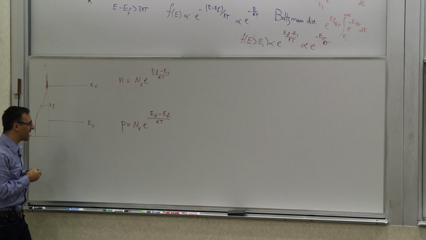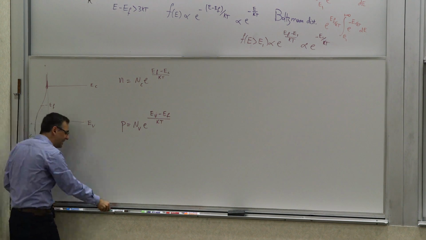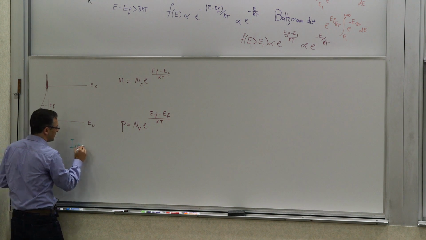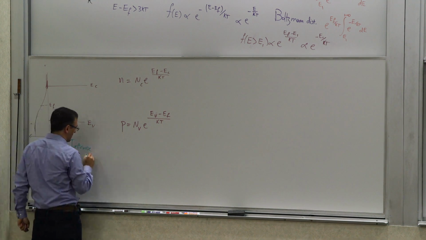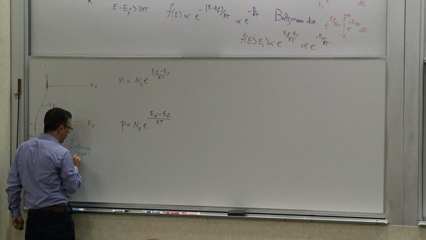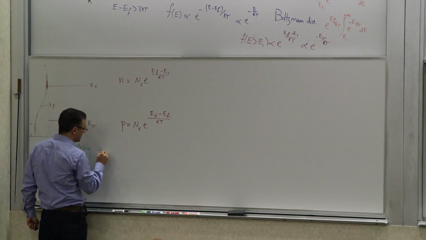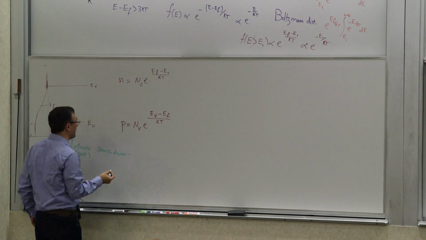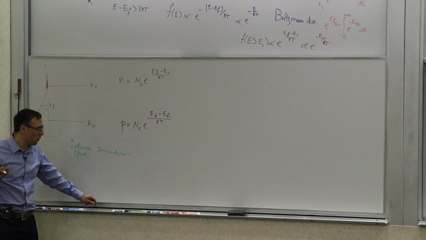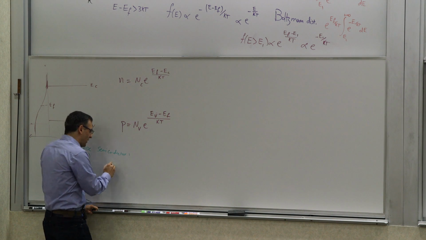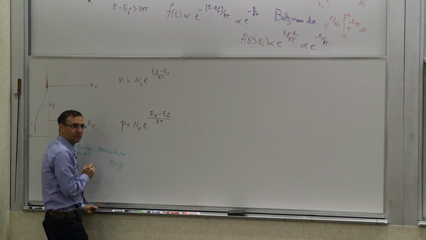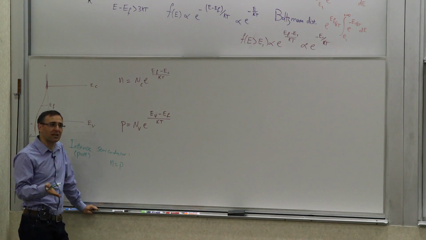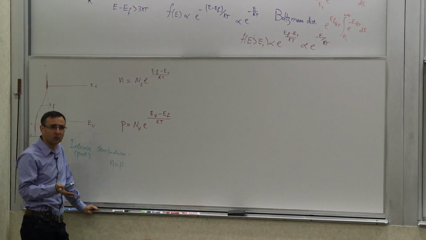But let's talk about the intrinsic semiconductor. If you have an intrinsic semiconductor, meaning something that's pure, with no doping, what do these correspond to? Well, in the intrinsic semiconductor, we know that n and p are equal, right? So n is equal to p because the generation rate and recombination rate are the same, and for every electron that you generate, you generate a hole.